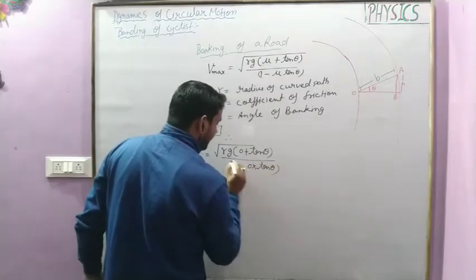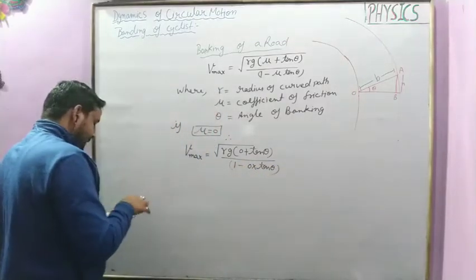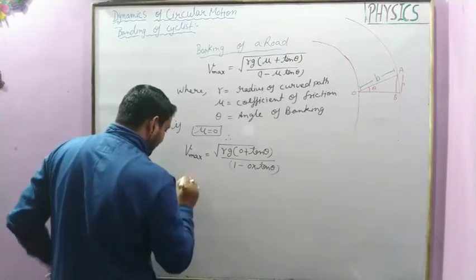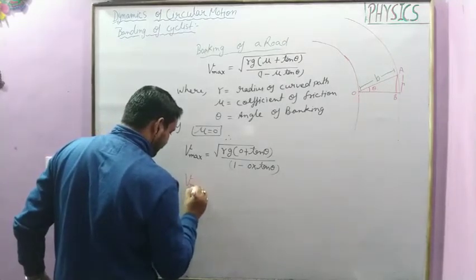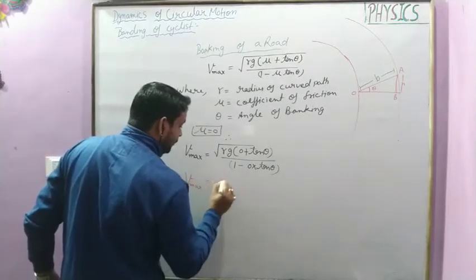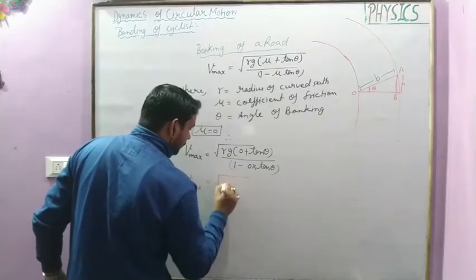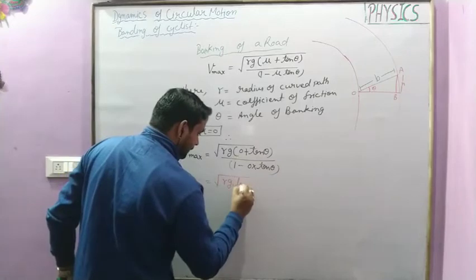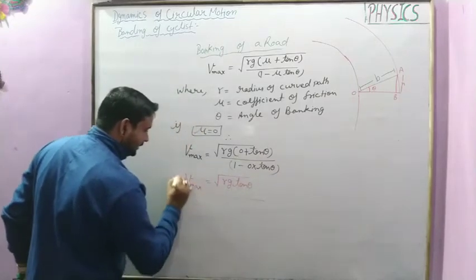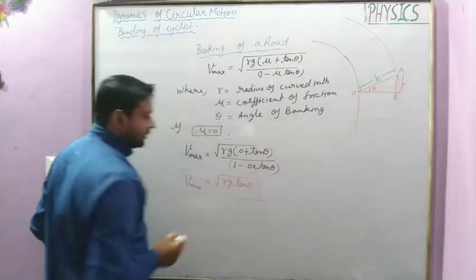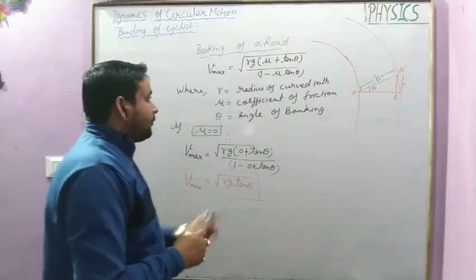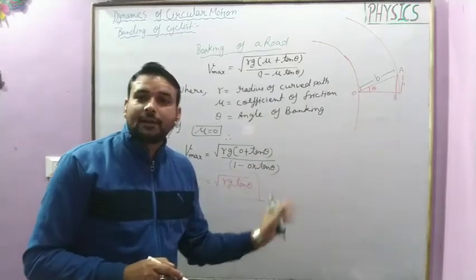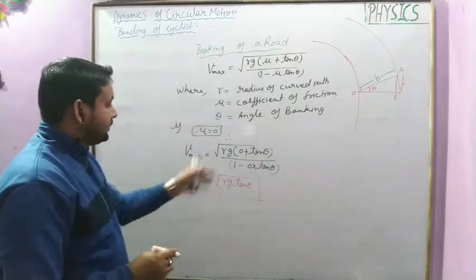Is it clear? Finally we get the result: maximum velocity is equal to the square root of r g tan theta. This is the maximum velocity when the friction between the tires and the road is 0.